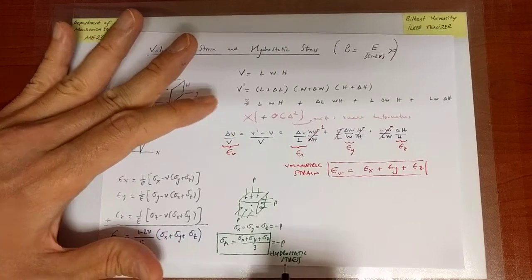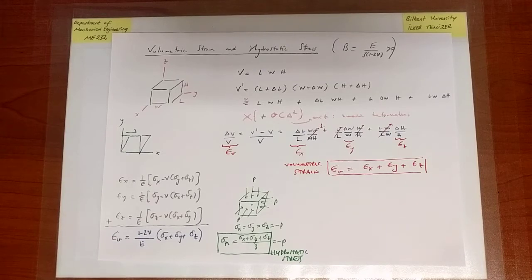So the motivation for this definition comes from a state of hydrostatic stress, but the definition itself is valid for any state of loading, irrespective of the values of x, y, z. For normal stresses in particular, they don't have to be equal. They don't even have to be compressive.